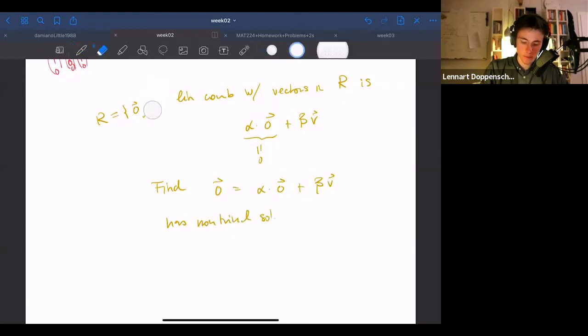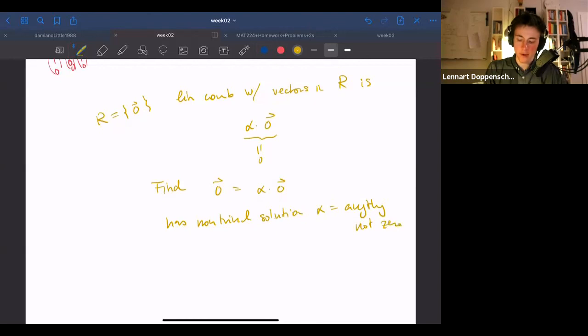Actually, let me now remove this beta because we actually only want to talk about this. So it has a non-trivial solution. Alpha equals anything not 0, and the combination is always 0. It's a bit of an extreme case, but a non-trivial solution just means that not all coefficients are 0. There is just one coefficient here that's non-zero, so it is a non-trivial combination which is 0, and that means it is dependent.